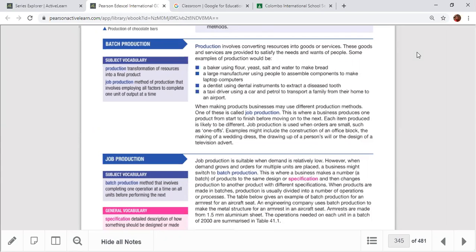It could also be making a wedding dress, a unique bridal dress for you, the drawing up of a person's will, or the design of a television set. That's the uniqueness of job production: a unique design, unique style, and one-off. So you can't do it massively, like bridal dressing or a birthday cake. Unique design, unique preference. For that you can produce.